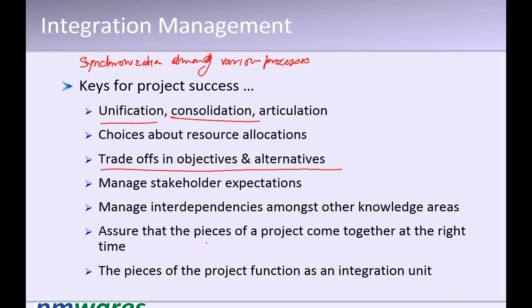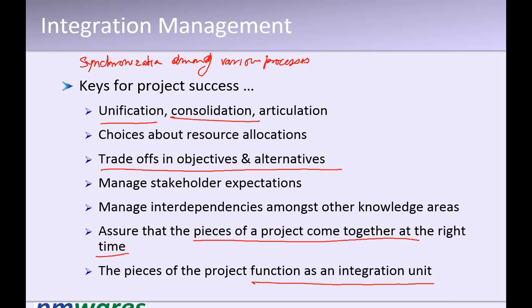Ensure that the pieces of the project come together at the right time when they are required. No early, no late. It should function as an integrated unit. This is the primary objective of integration.